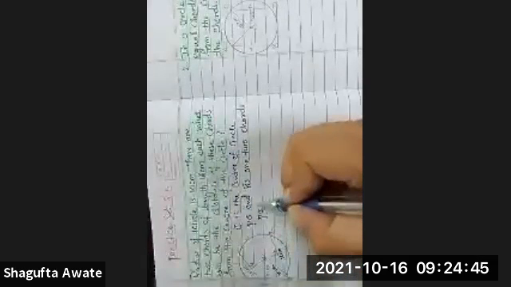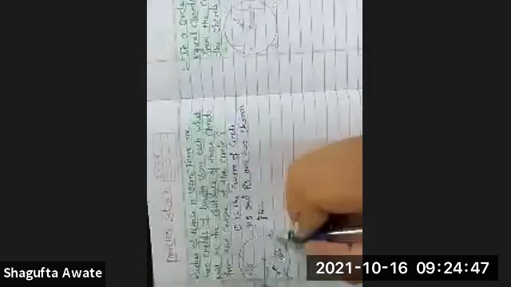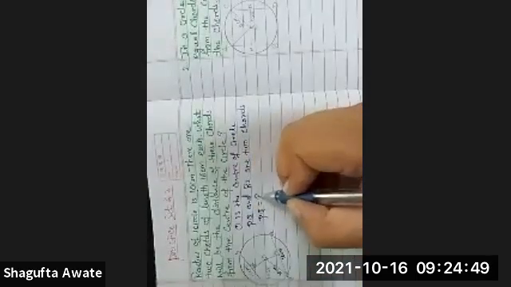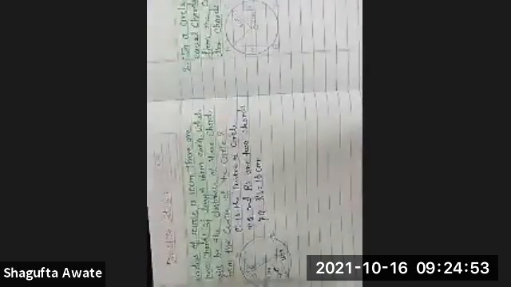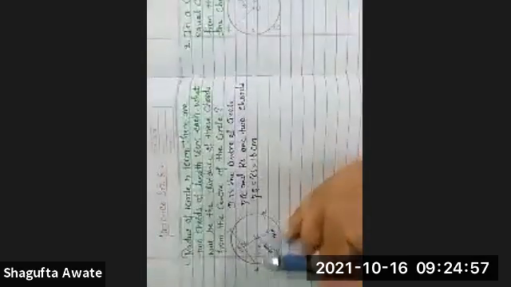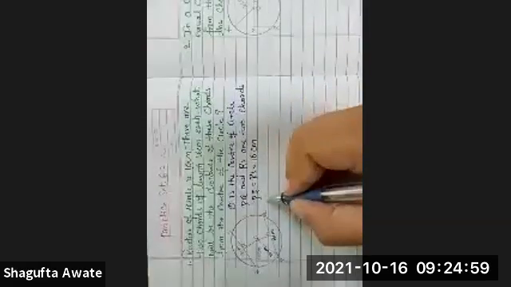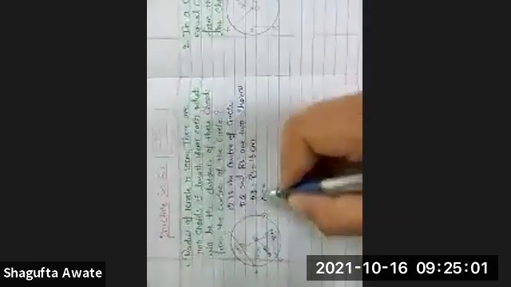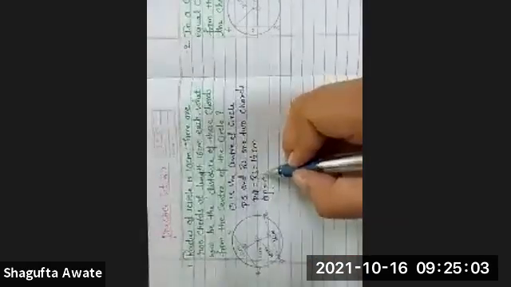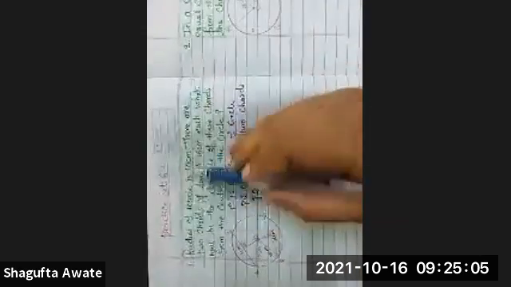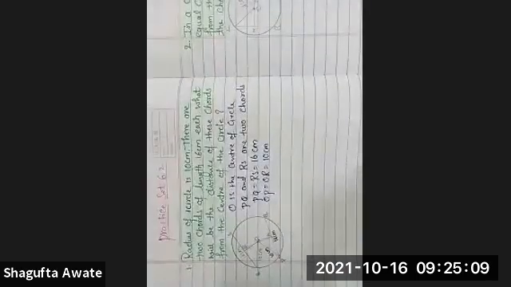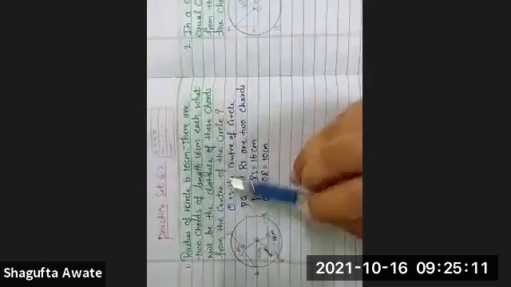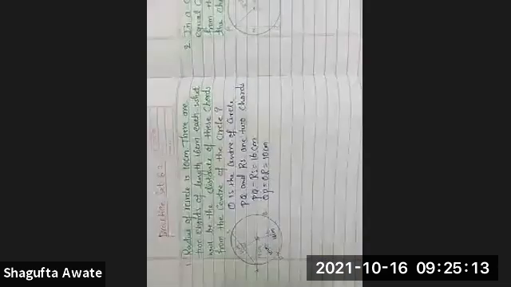So PQ is equal to RS is equal to 16 centimeter. The radius is given: OR and OP. OP is equal to OR is equal to 10 centimeter. So we have to find the distance of the chord from the center of the circle.